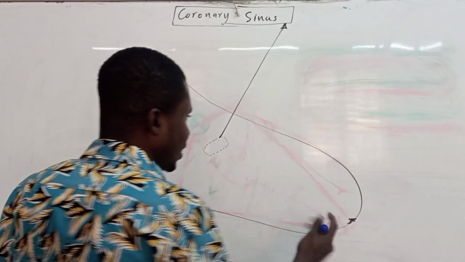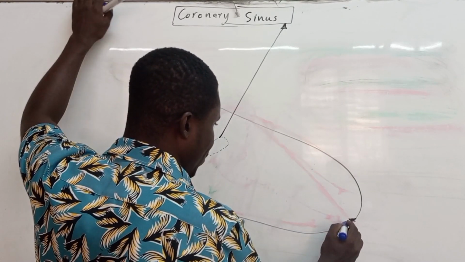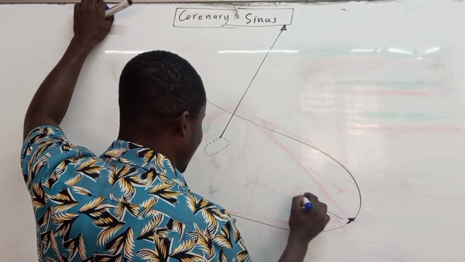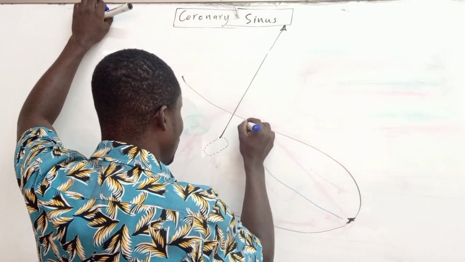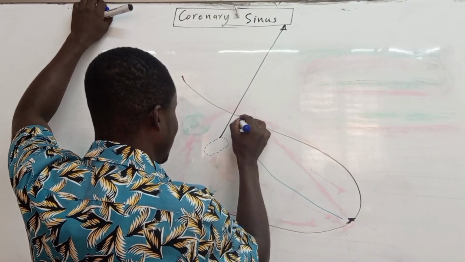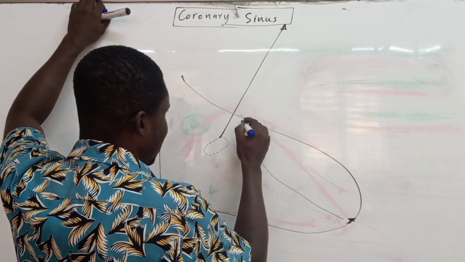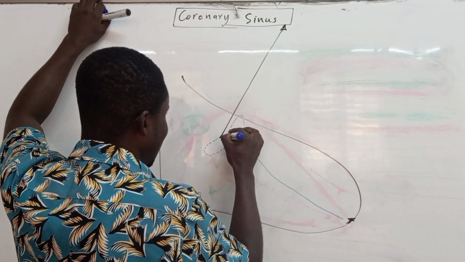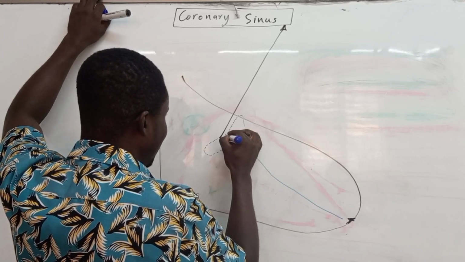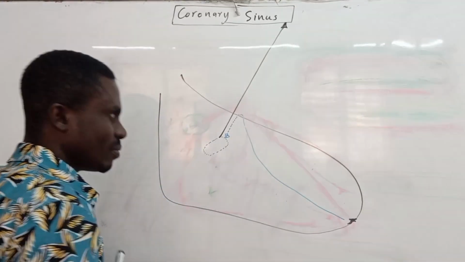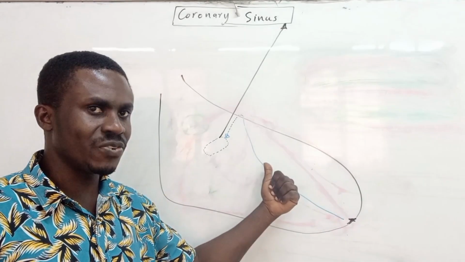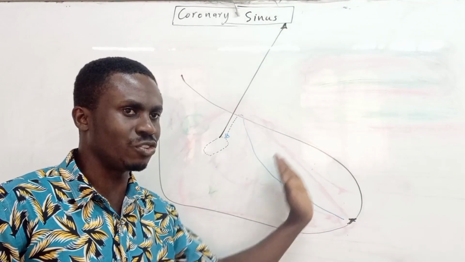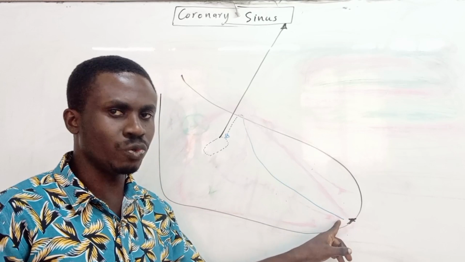So for instance, this is toward the anterior aspect, so I'm going to have my great cardiac vein coming across, and then it goes this way, along the left oblique border. Then it comes down, and drains in here. This is how it goes. Now we have the great cardiac vein running in the anterior interventricular surface. You can see I've not used any broken line.